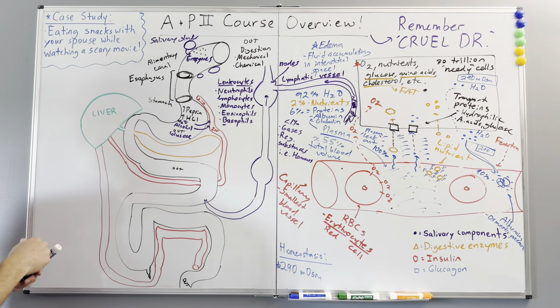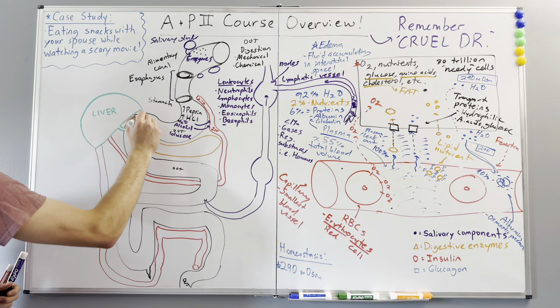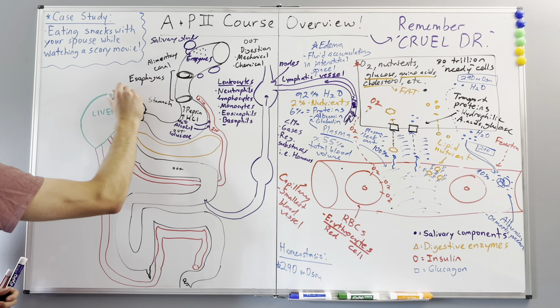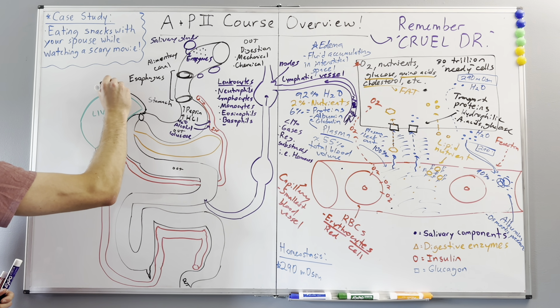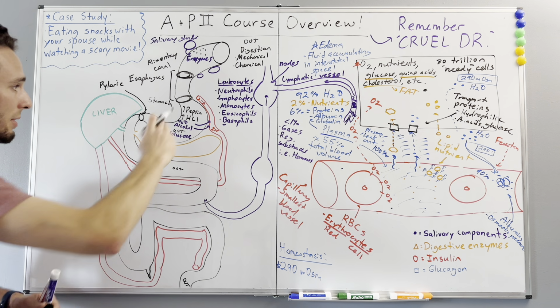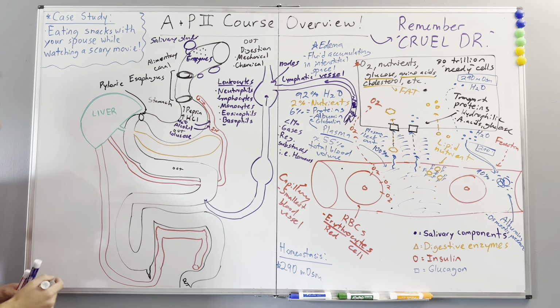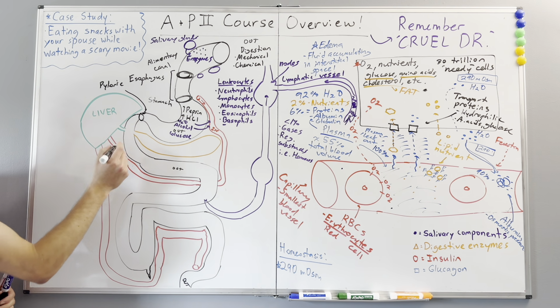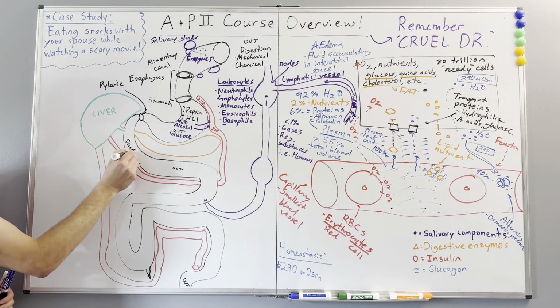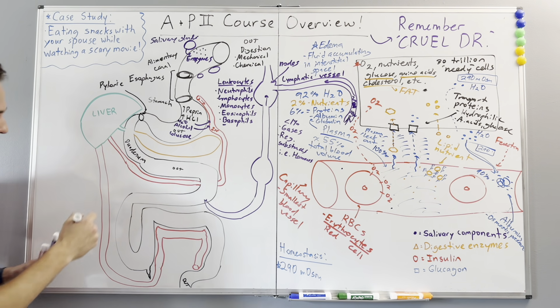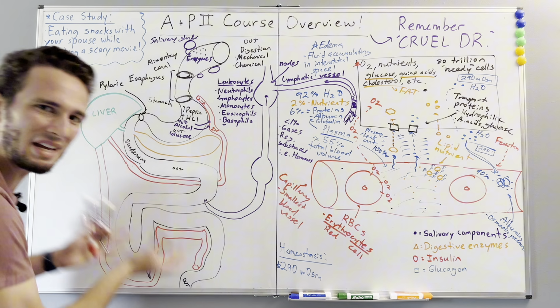But first we have to pass through another sphincter. This sphincter right here is called the pyloric sphincter, because it's in the pyloric region of the stomach, the end part of the stomach. Then we get into this section of the small intestine called the duodenum. Very short, about 25 centimeters long, and this is called the mixing center.